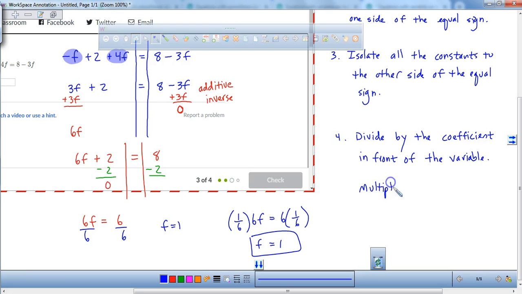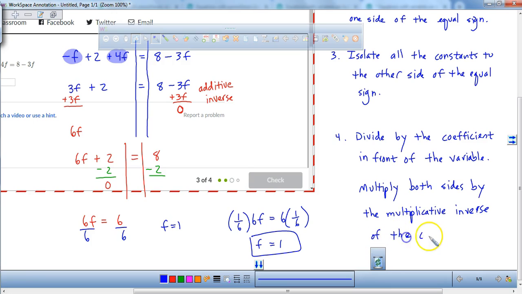Multiply both sides by what's called the multiplicative inverse of the coefficient.